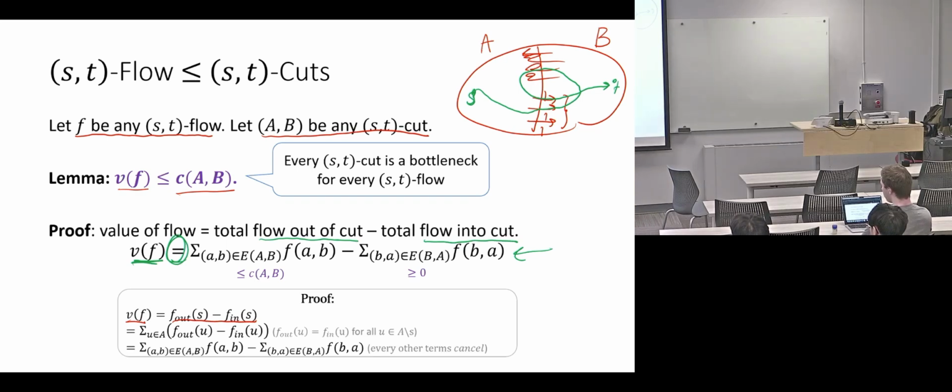So I can just add 0 to this, and sum over all of A now. Is this good? With me here? Okay. I can just sum the net flow out of U for every node in A now, because for every node U that is not S, this is just 0.